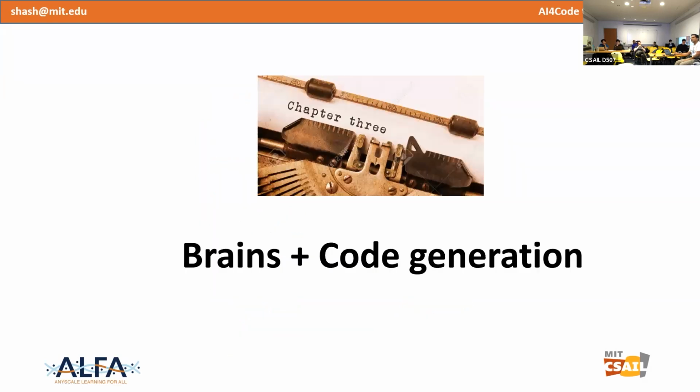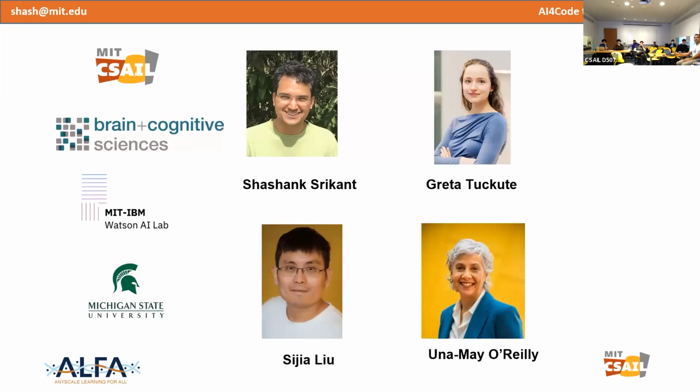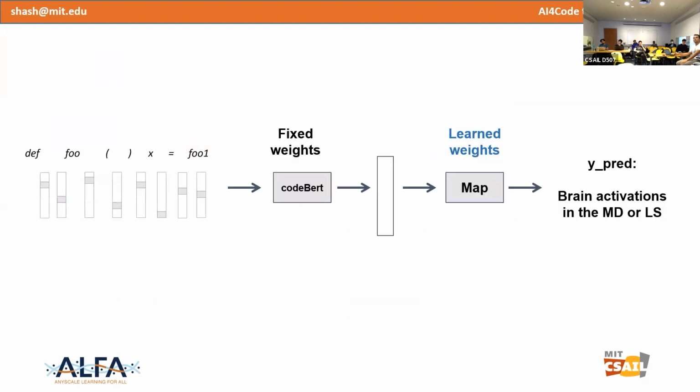So this ties both the pieces together, what's happening in the brain and this code generation method that I just spoke to you about. And this is again joint work with a collaborator, a grad student over at the Brain and Cog Sciences team, where we've been trying to understand the language system of the brain and trying out these kinds of ideas in the language system, but the same applies to programming languages as well, and what's happening in the brain when it comes to understanding code.